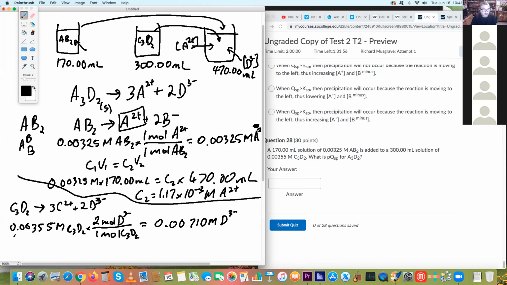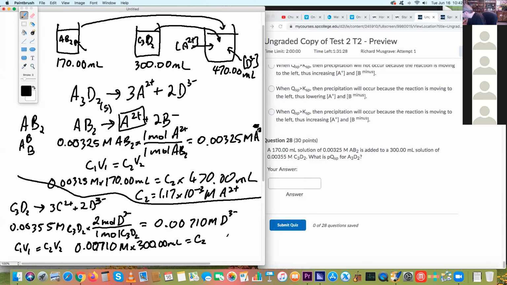But then we have to look at what happens when that gets diluted. And again, we're using the C1V1 equals C2V2. And that would be 0.00710, which we just got here, times the volume, which is 300.0 mL.